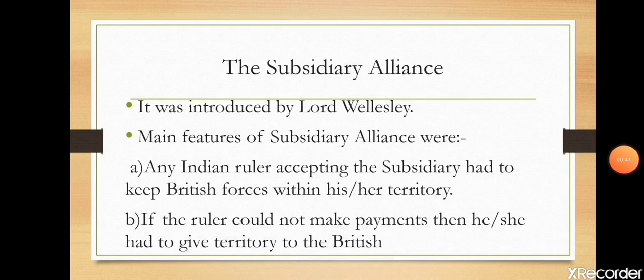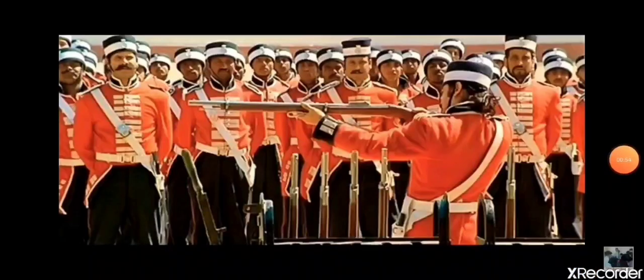Main features of the Subsidiary Alliance were: any Indian ruler accepting the Subsidiary Alliance had to keep British forces within his or her territory. Under this system, the British promised to protect the Indian states by keeping their army in the ruler's territory.